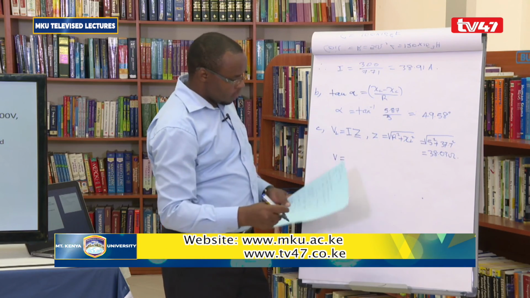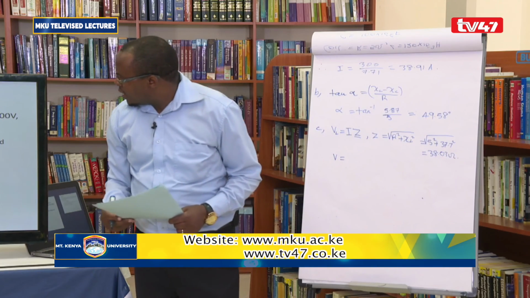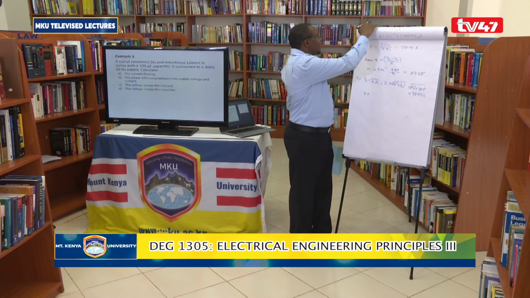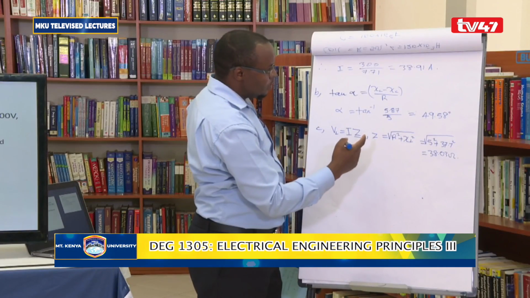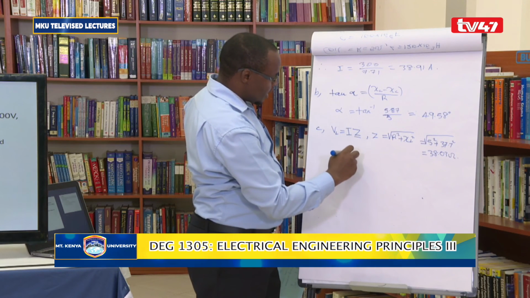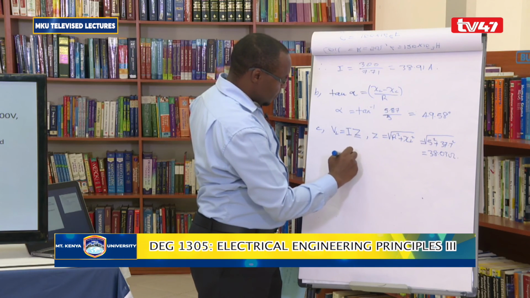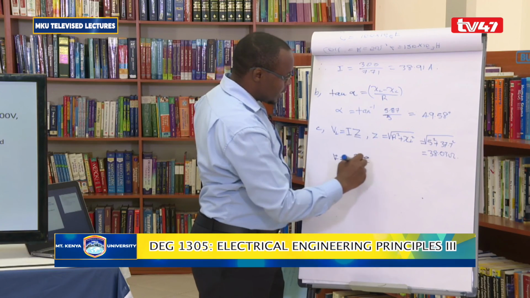The current was not given, so we get the current I. We know the current is the same in a series circuit, and therefore we can use the current flowing in the whole circuit, which has a voltage of 300 divided by the total impedance.